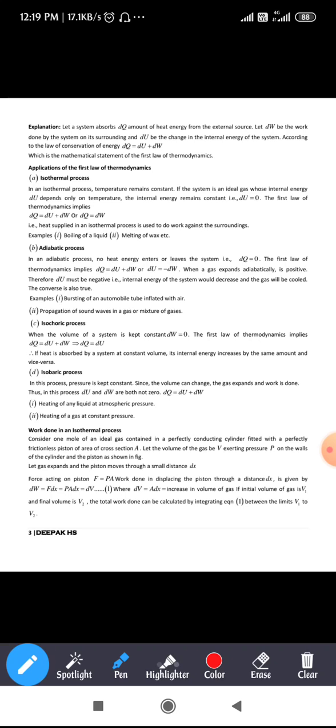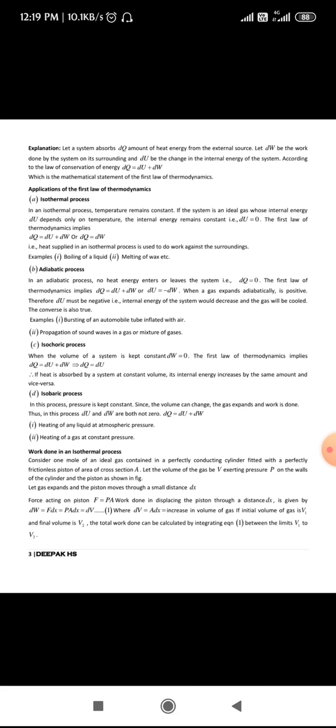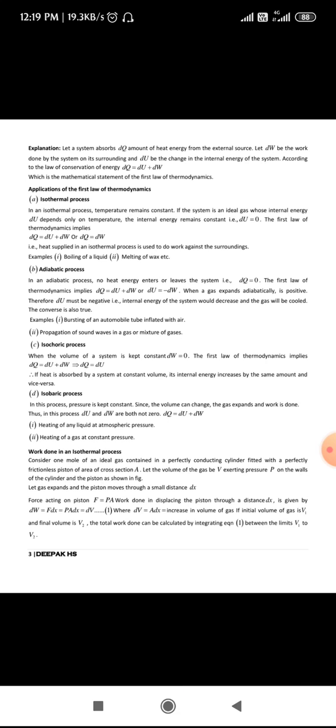So in this isobaric process, you can conclude that du and dw are non-zero. Okay, du is not equal to 0, whereas dw is also not equal to 0.